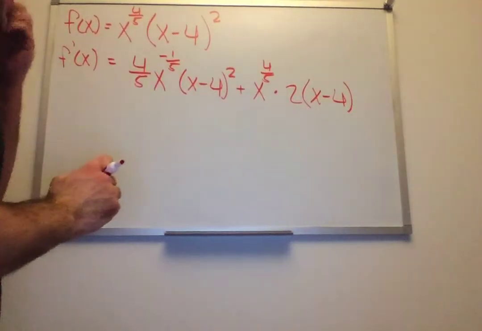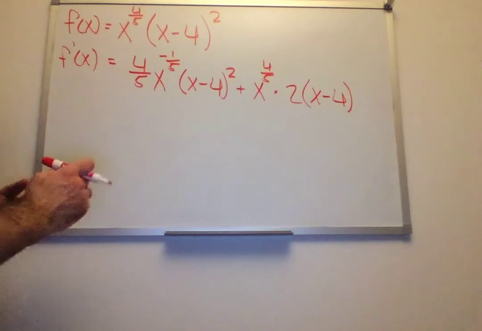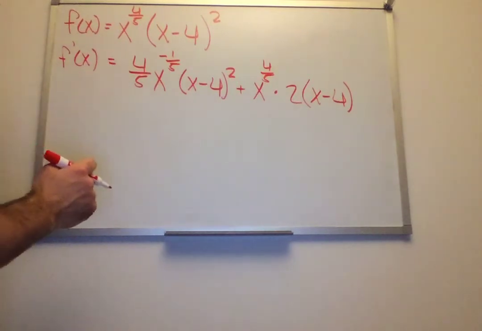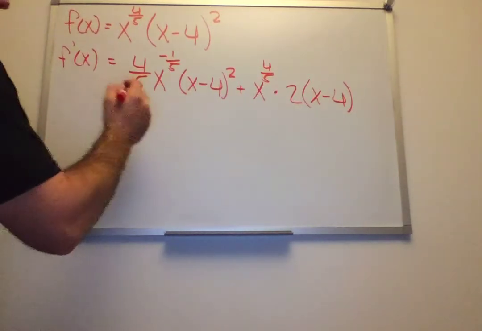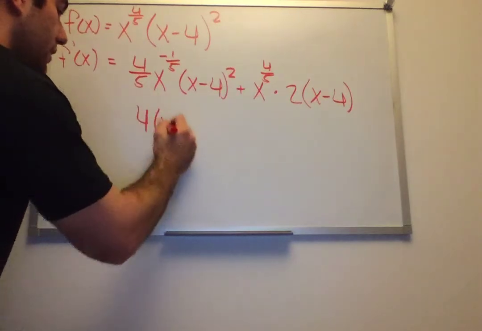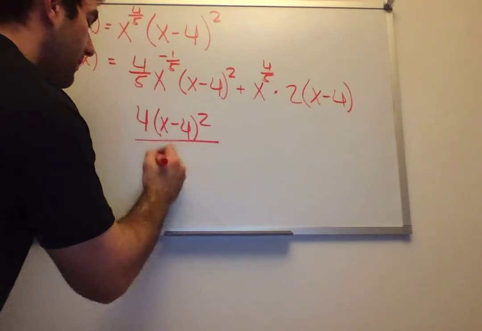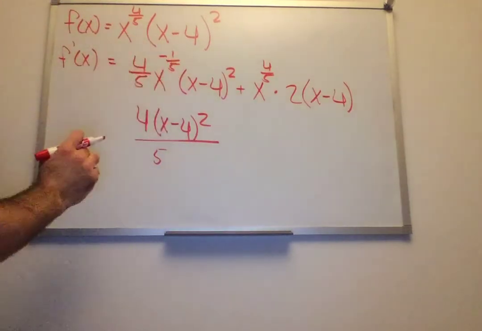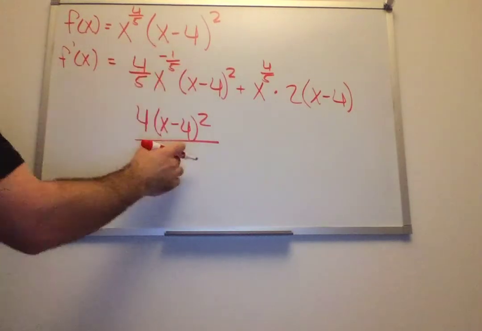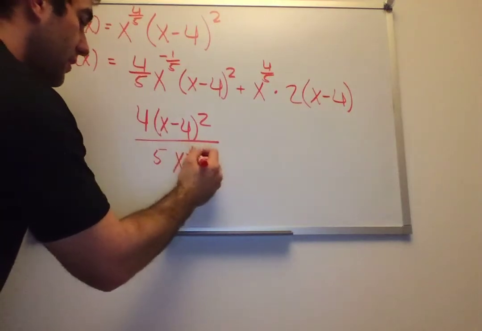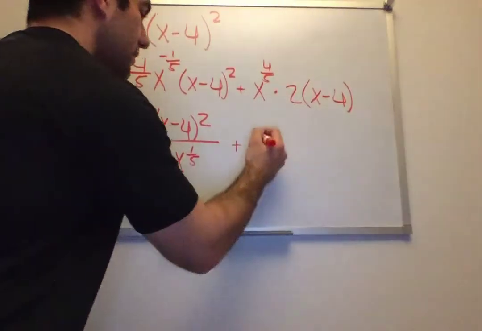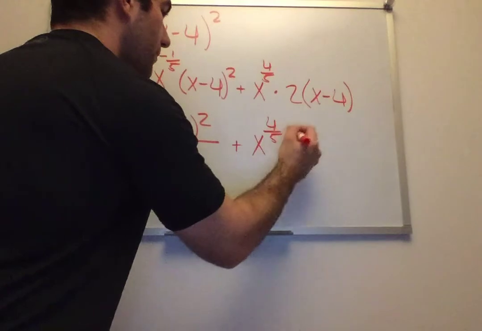Okay, so now what I'm going to do is I'm going to simplify this a little bit. 4(x minus 4) squared divided by 5. This has a negative exponent, so I'm going to put it down at the bottom. X to the 1/5 plus x to the 4/5.